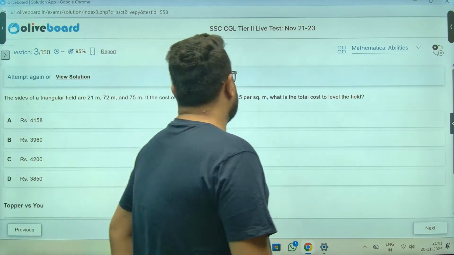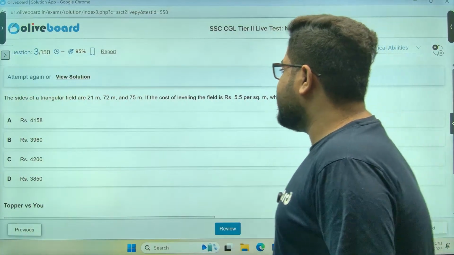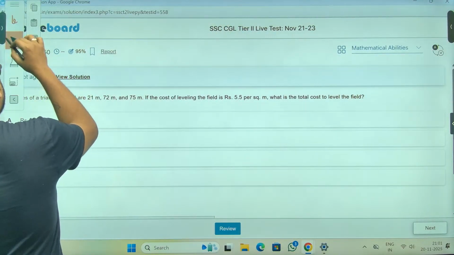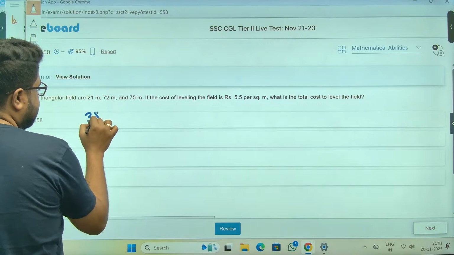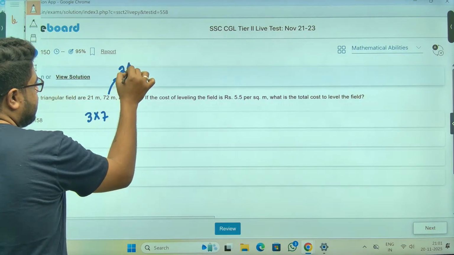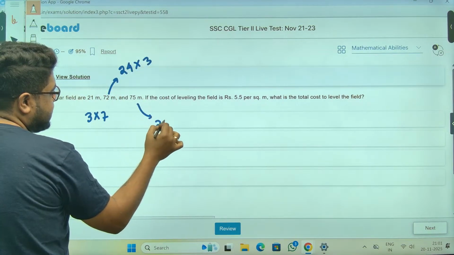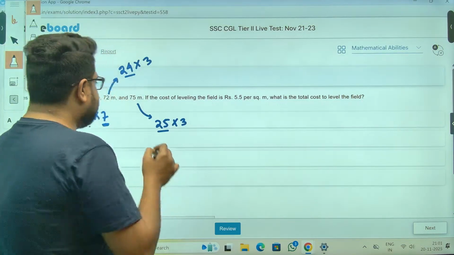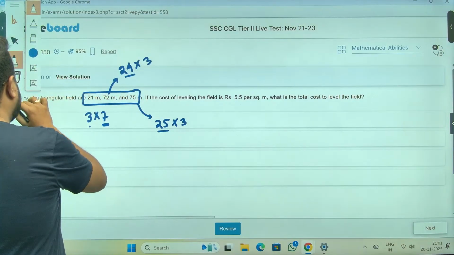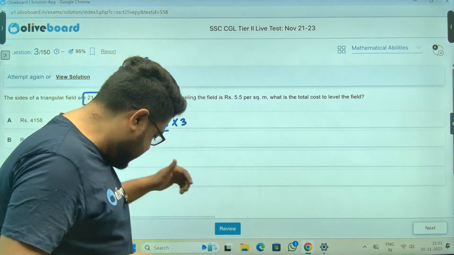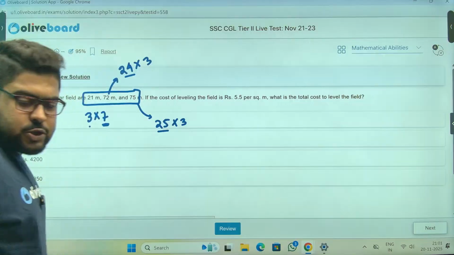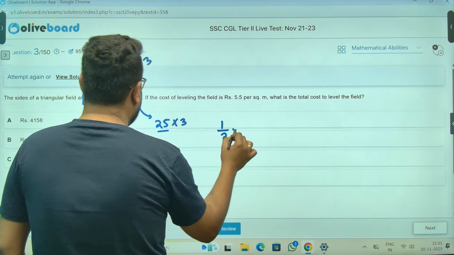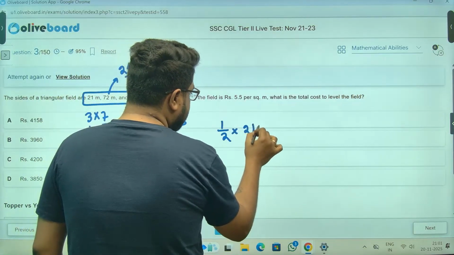The sides are 21, 72, 75. 3 into 7 is 21, 24 into 3 is 72, 25 into 3 is 75. So 7, 24, and 25 is a Pythagorean triplet, and this is also a Pythagorean triplet times 3. So the area will be half into 21 into 72.